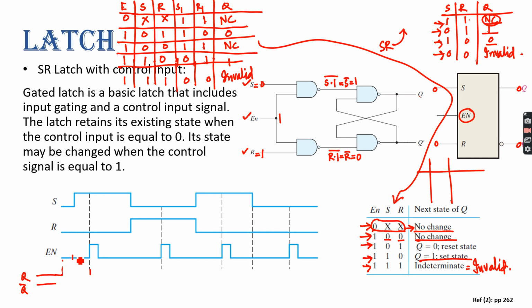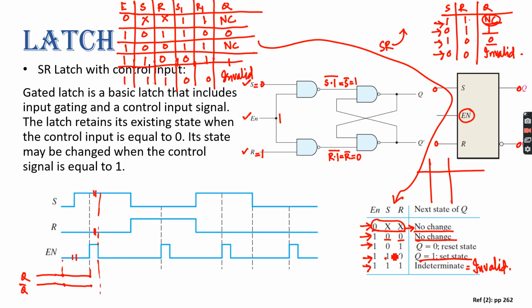And now from here to here enable is 0, meaning there will be no change, right? So 0 will remain 0, 1 will remain 1. Now from here to here you see up to this point S is 1, R is 0.